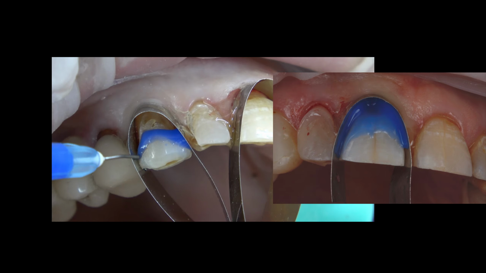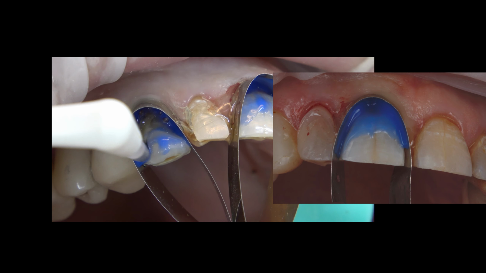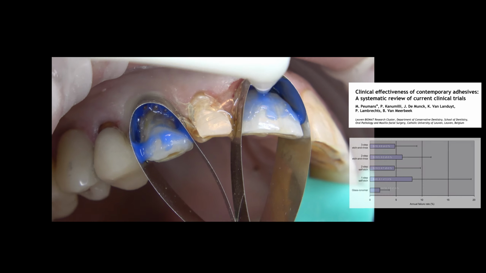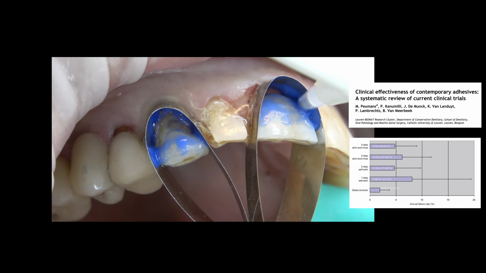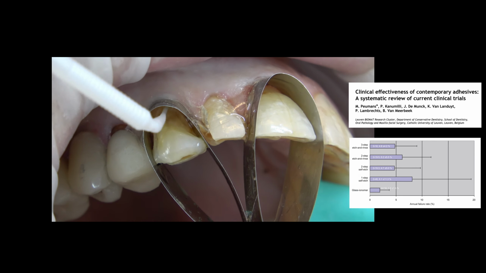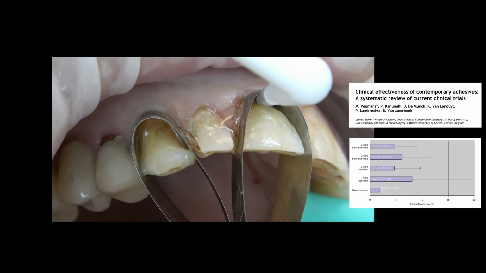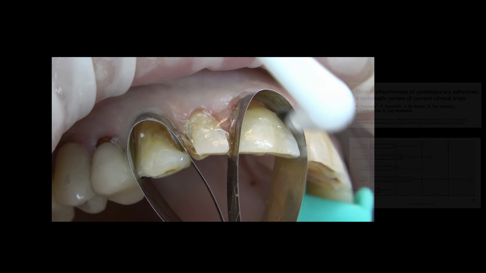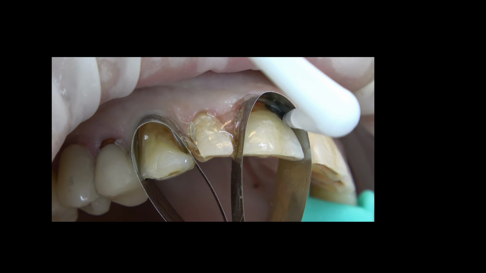So, with this technique, we start adding adhesive and etching the enamel and the dentin. It's 30 seconds in enamel, 15 seconds in dentin, and then the 2-step adhesive system.